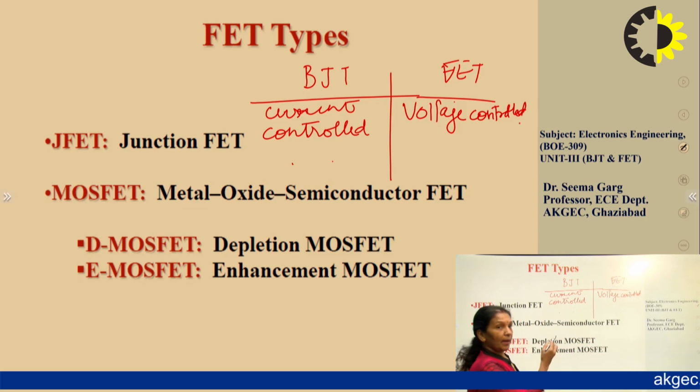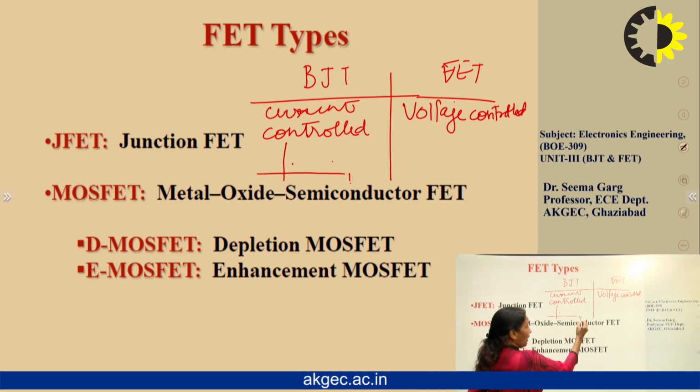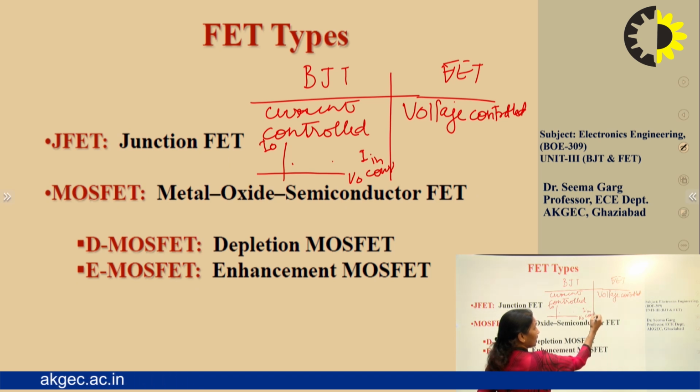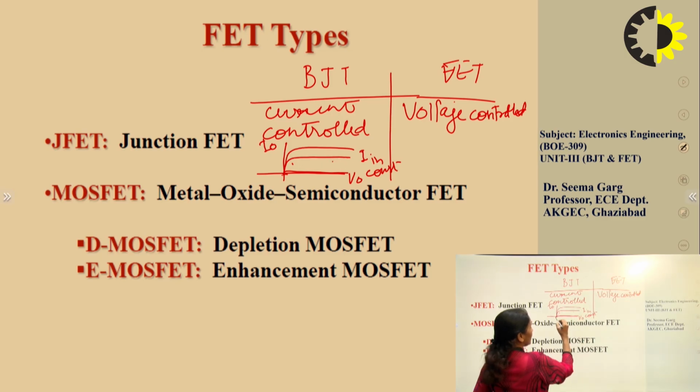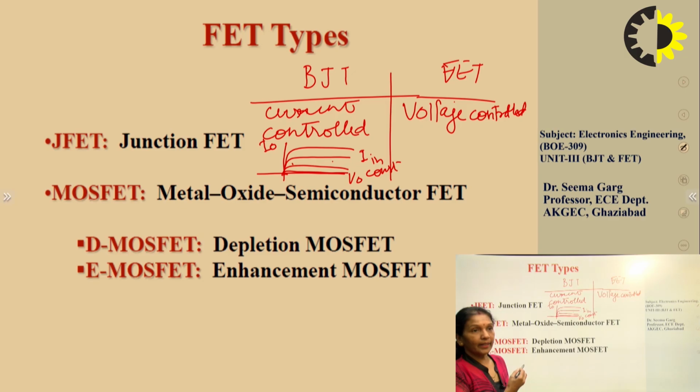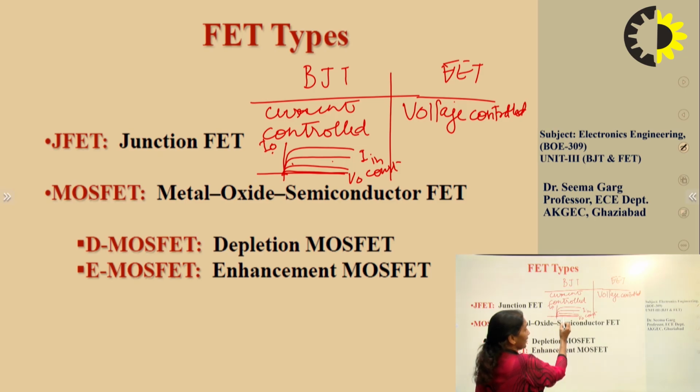What do we mean by that? In case of a current controlled device, if you recall the output characteristics of the bipolar junction transistor, it is between the output voltage and the output current, keeping the input current constant. Here we can see that the current remains constant even though you are increasing the voltage.